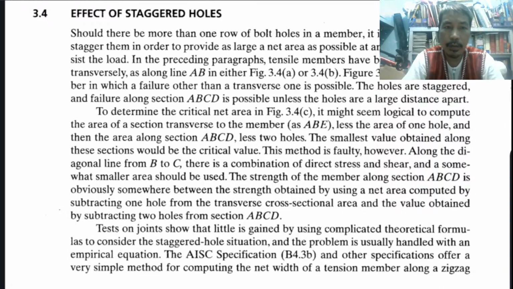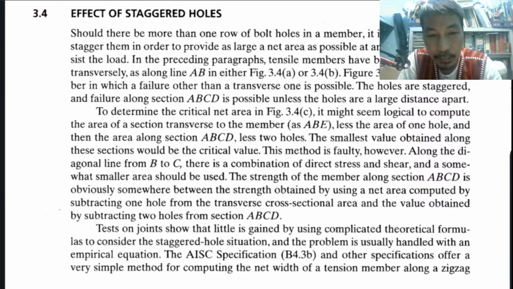In order to provide as large a net area as possible at any one section to resist the load, to resist failure of the load. So we need staggering the hole for the purpose of getting more cross-sectional area with the same number of bolts.